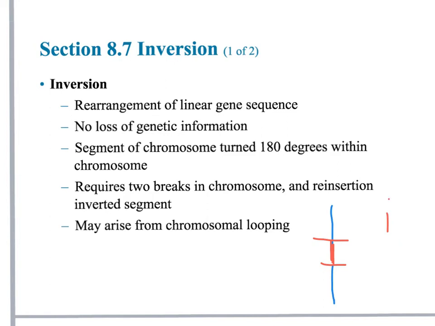If this is the top and this is the bottom, it gets turned upside down. So now you have the bottom up here and the top here, and that's what gets reinserted. It gets reinserted as the inverted segment.